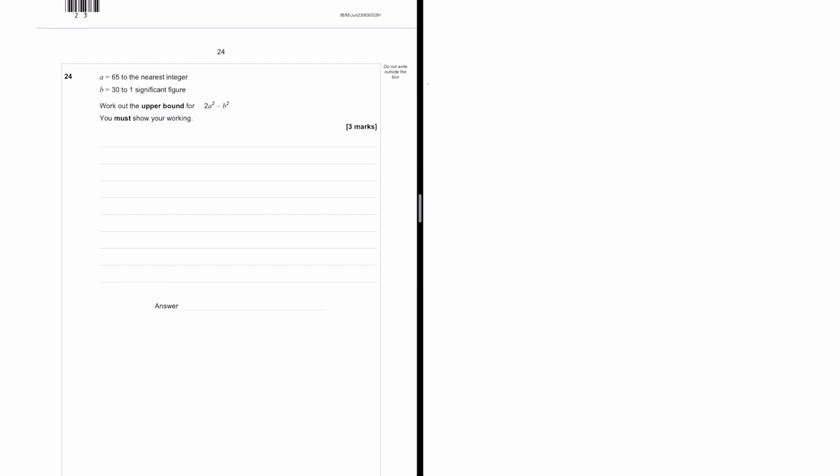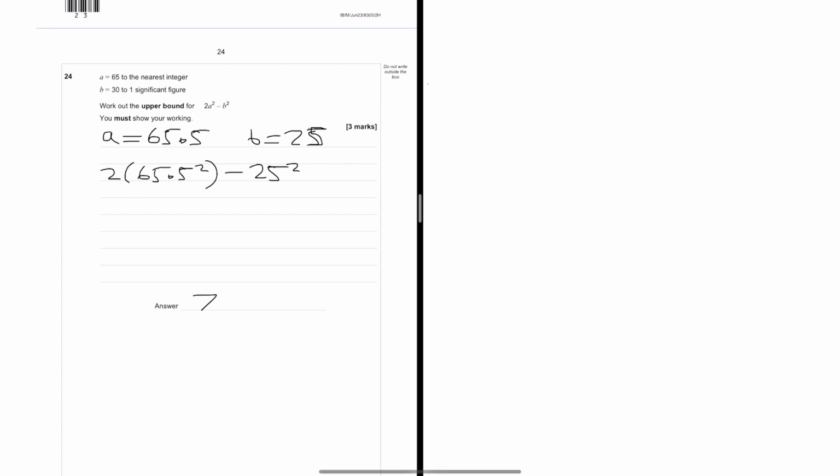So let's set A equal to 65.5, and we'll set B equal to, well, if it's one significant figure, then we can actually set B to be 25. And if we substitute those values in, we have 2 times 65.5 squared minus 25 squared. And if we work that out, that gives us 7,955.5.